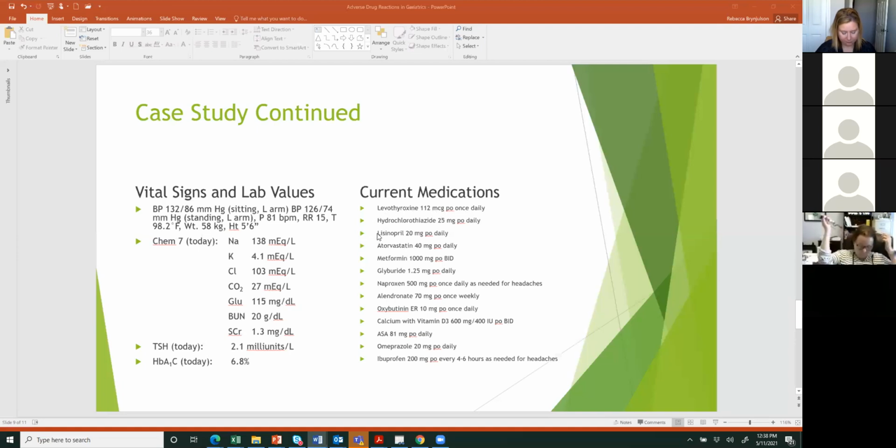This hydrochlorothiazide and lisinopril are available in a combination tablet as well. And so I think combining these two into one tablet would also be a helpful strategy for decreasing the pill burden overall for this patient. So I would recommend a decrease in your antihypertensives.